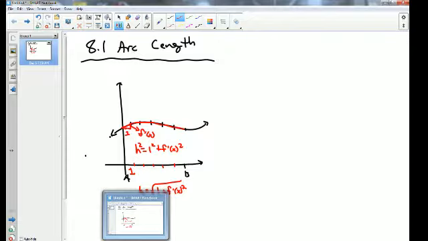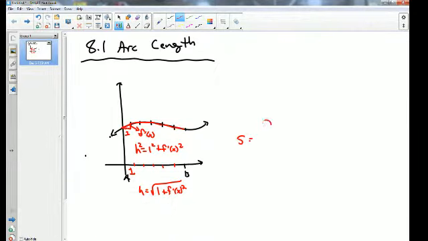What's really neat is that the formula for arc length is actually built off of that concept. So the arc length formula just happens to be that right there.